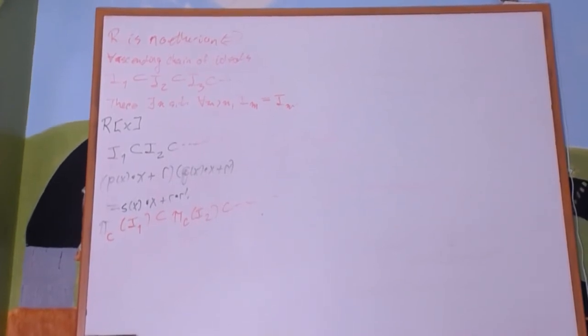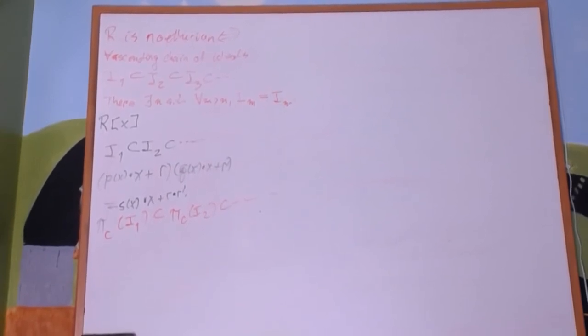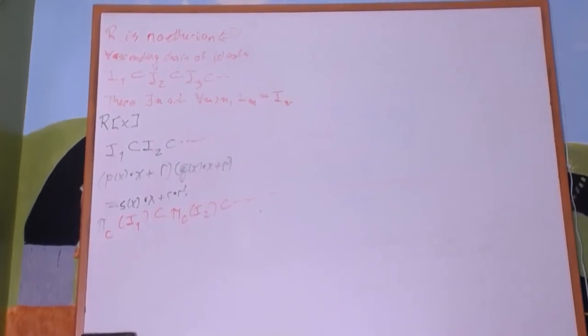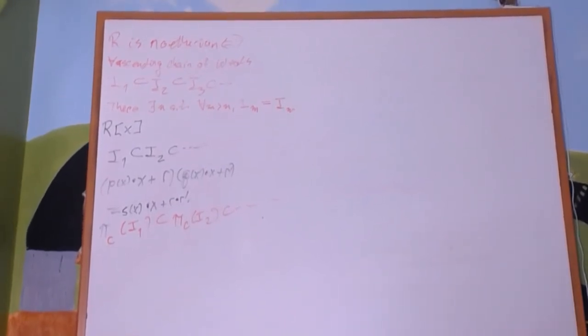Alright, suppose A is a non-finitely generated left ideal. Then by recursion using the axiom of dependent choice, there is a sequence of polynomials such that if B_n is the left ideal generated by f_0 through f_{n-1}, then f_n is an element of A removing B_n, of minimal degree.